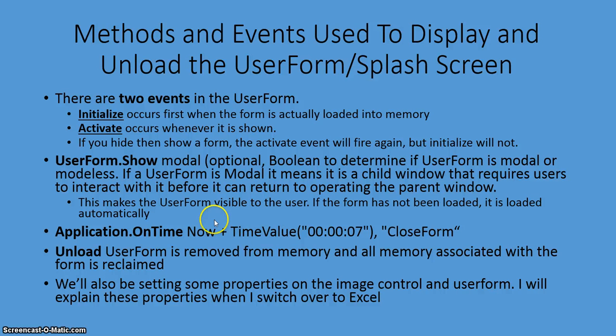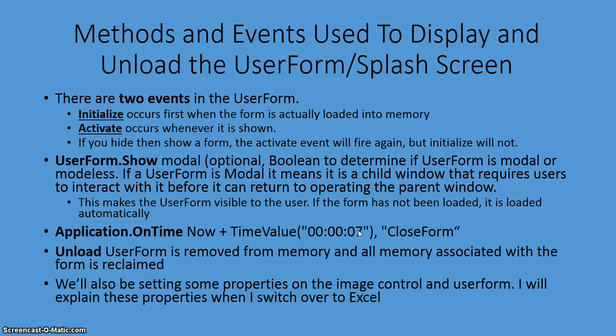And second, I'm adding to that time a time value. In this case, I'm going to be passing it a string in this format. The first part of this string is going to represent the hours. The second part is going to represent the minutes. Third part is going to represent seconds.